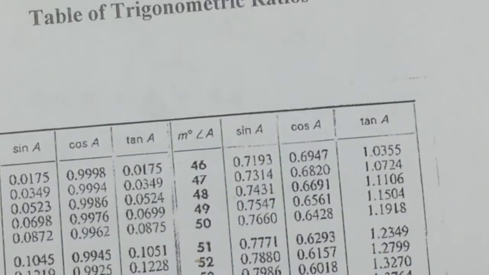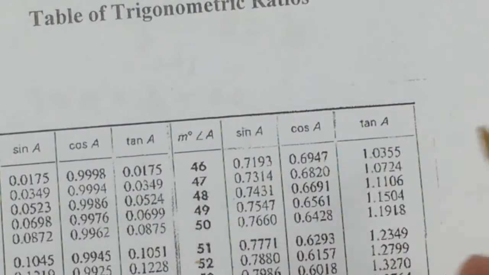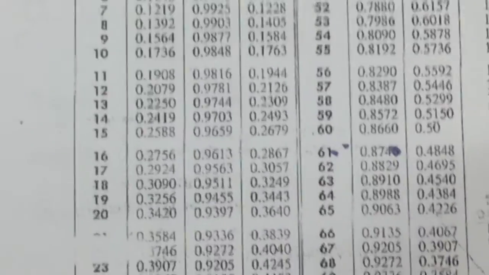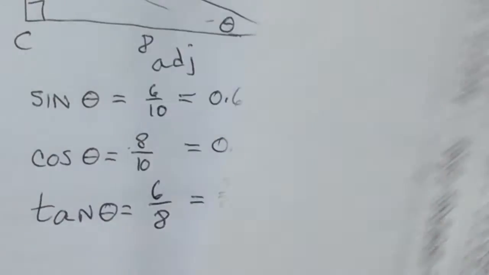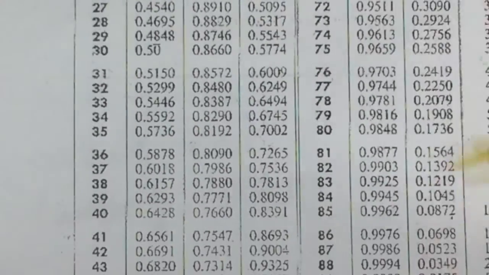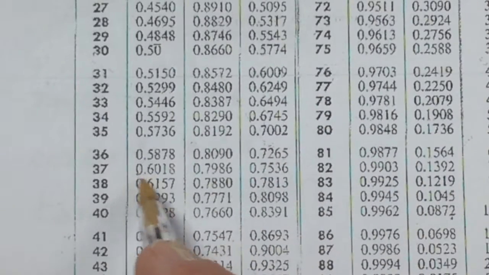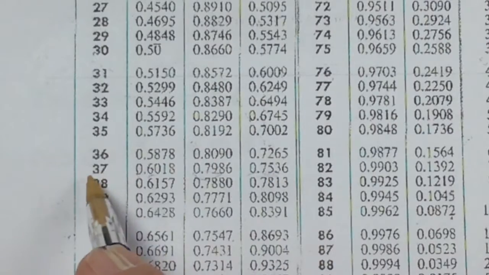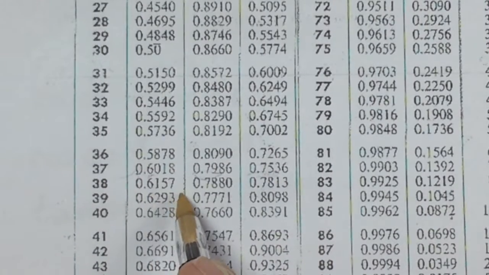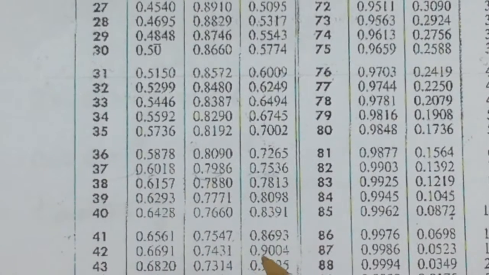And you take the chart, and you look in the column sine, cosine, tangent, take your pick, and you go down looking until you find the thing that is closest to, let's say, 0.6 in the sine column. Well, that'd be right here. 0.8, 0.75, 37 degrees. That's how you do it with a trig chart.